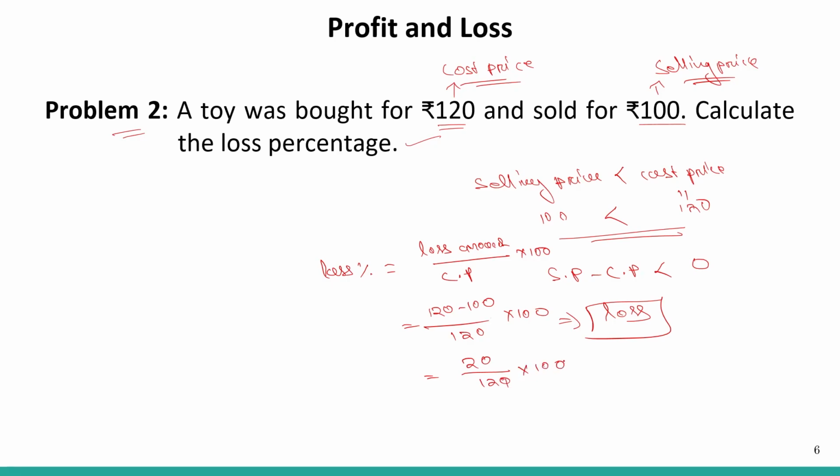Cancelling a 0, we are left with 200 by 12, which is 600 by 6, equal to 50 by 3. So it will be about 16.66, that is 16.667%. This much loss will be incurred if the toy was bought at 120 rupees and sold for 100 rupees.